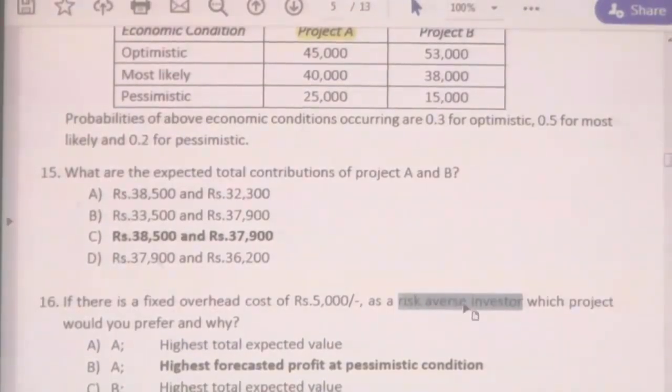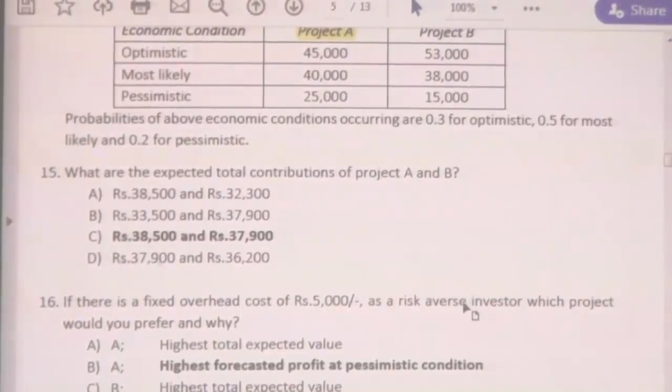As a risk averse investor. Who is a risk averse investor? A person who does not like to take risk. Does such a person consider negative thinking or positive thinking? He takes negative thinking. He always seeks the lowest profit that can arise. Then out of the lowest profits, he will select the highest, because our technique is the maximin rule.